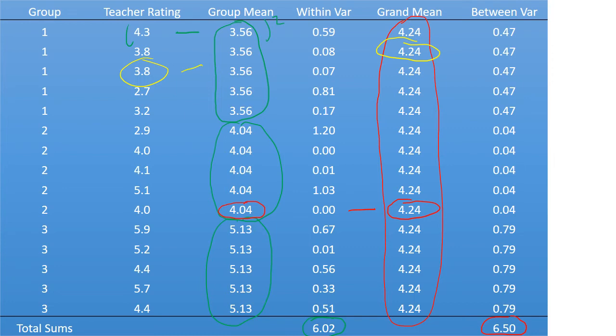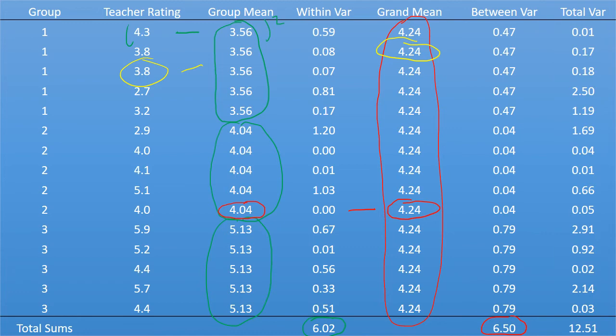And 3.8 minus 4.24, and that gives us our total variation of our data. And that number here is going to be 12.51. And if you add 6.02 and 6.5, you're going to get 12.51. Correcting for rounding, they're exactly the same.